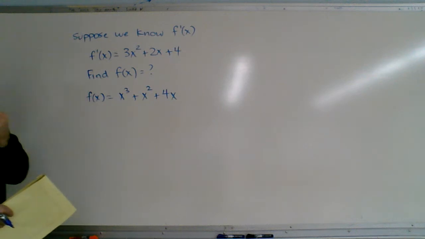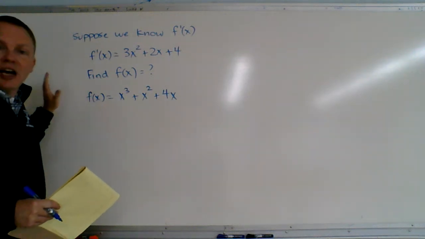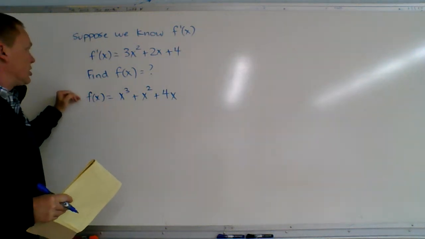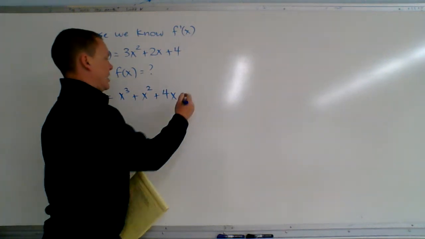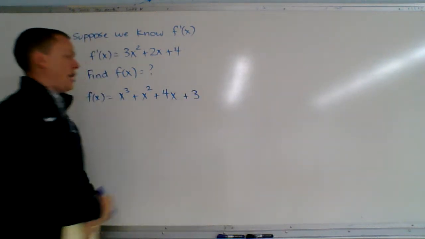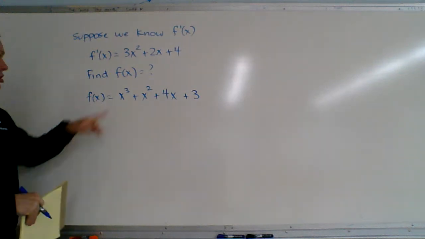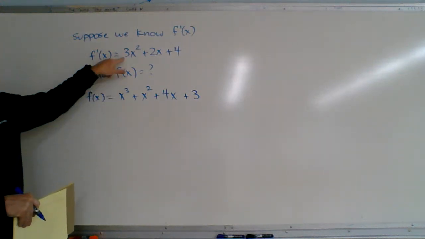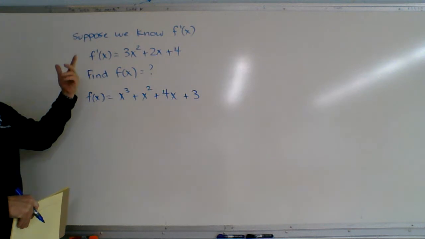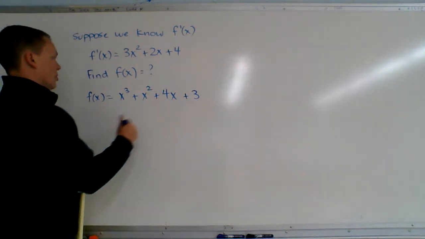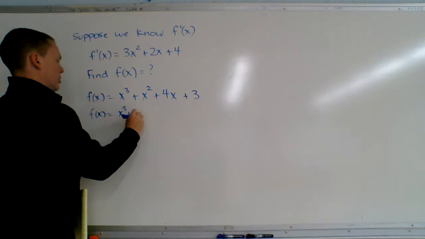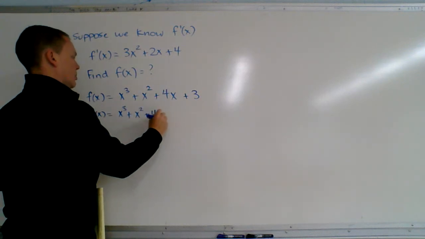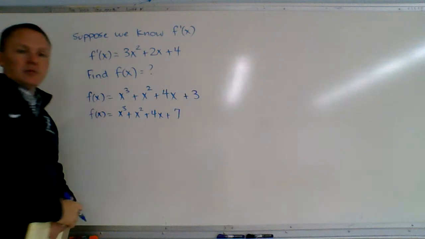But I would argue here that there's an entire family of functions whose derivative is equal to 3x squared plus 2x plus 4. Because what if I added 3 onto the end of that? Would the derivative of this still be that? The answer is yes. What if f of x is equal to x cubed plus x squared plus 4x plus 7?